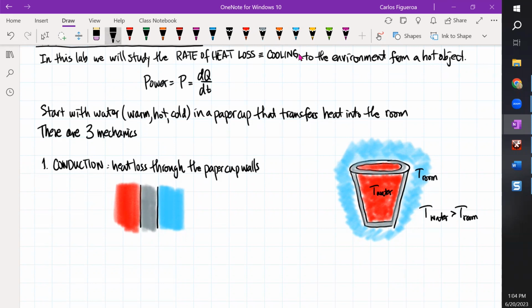So in other words, here's the hot water. This is the cold room. And what we're going to have here is heat transfer that's going to go through the paper cup and into here. So again, this right here, this is the paper wall. You could see here is that this guy's going to have some thickness.